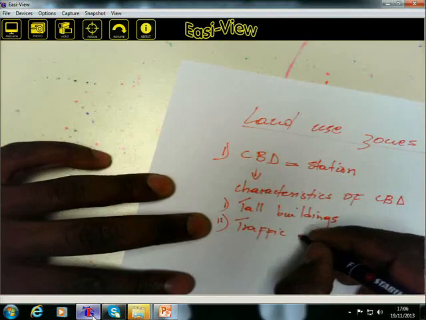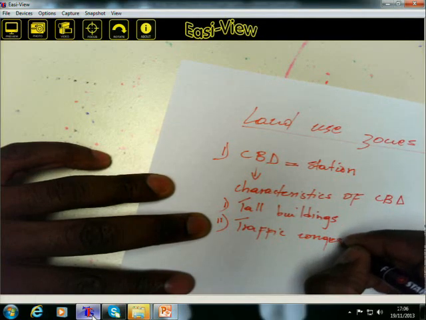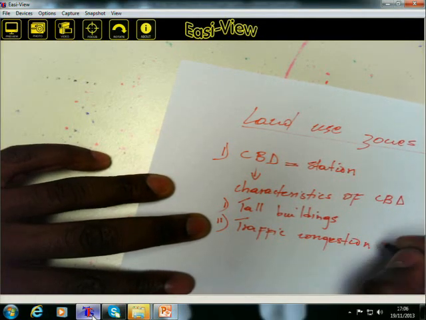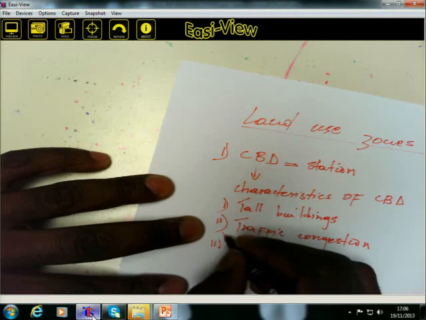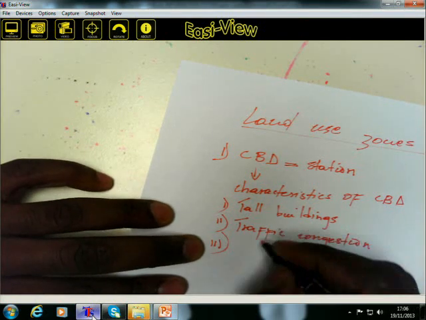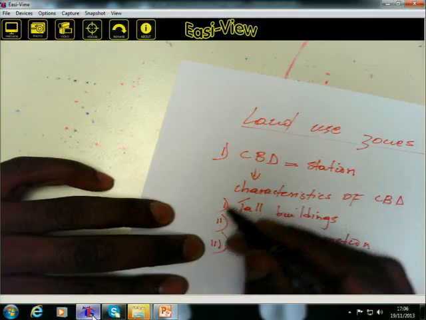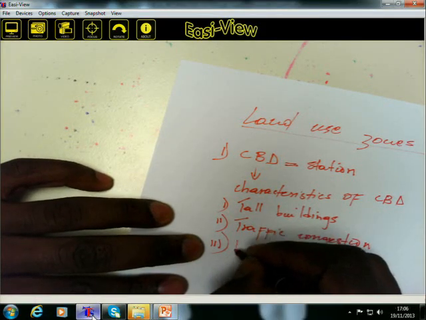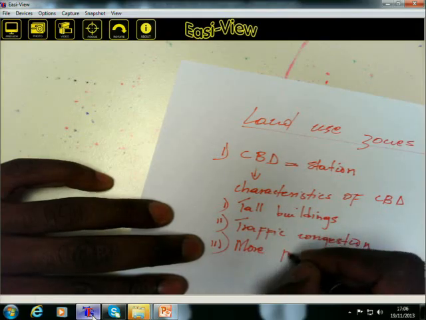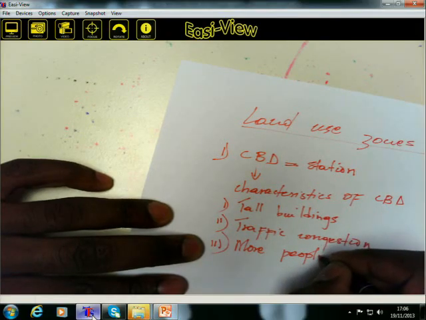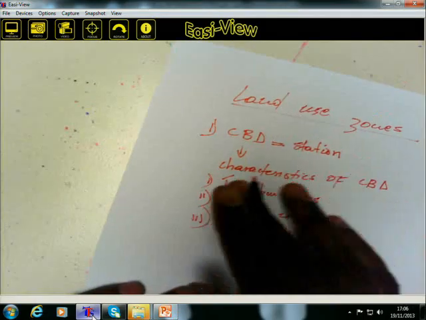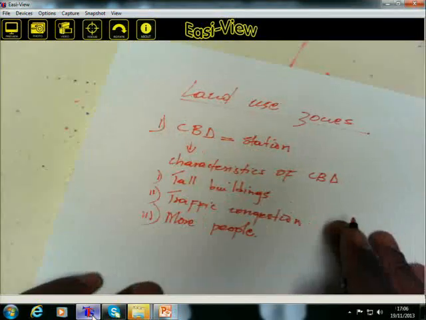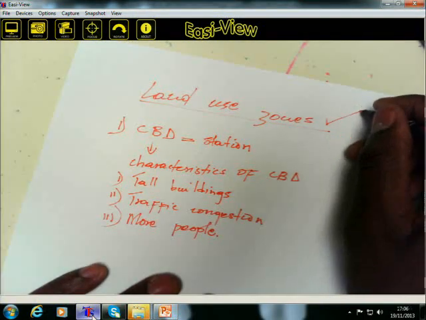The third part of it, you find that your CBD, with all its dilapidated buildings that you get around it, you've got more people. Now, all this information, you always consider when you talk of your land use zone.